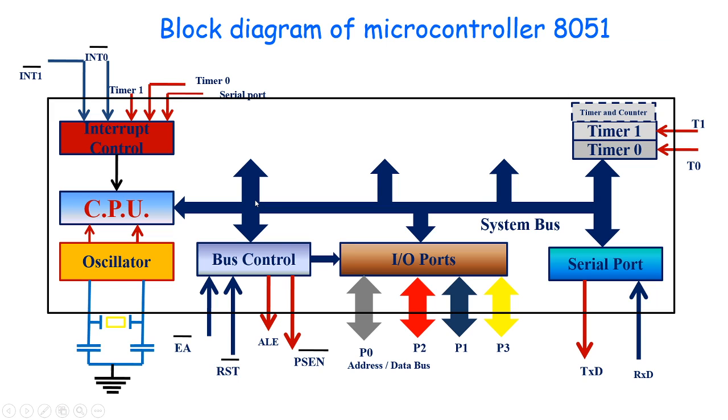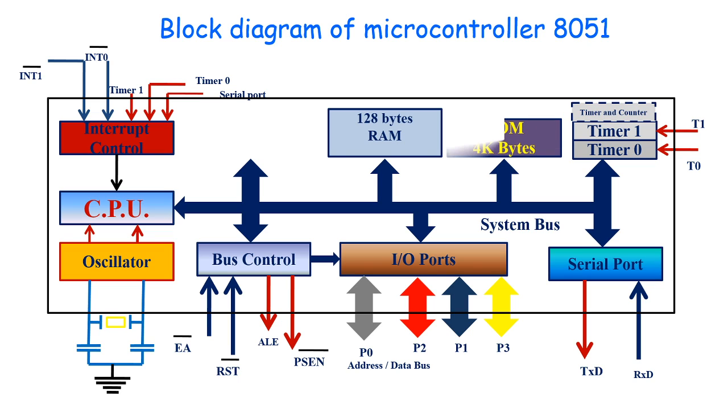The internal block diagram of microcontroller 8051. In the first video lecture we explained this block diagram in detail, but the blocks included in today's video lecture are the first block, that is 128 bytes random access memory, and 4K bytes read-only memory.